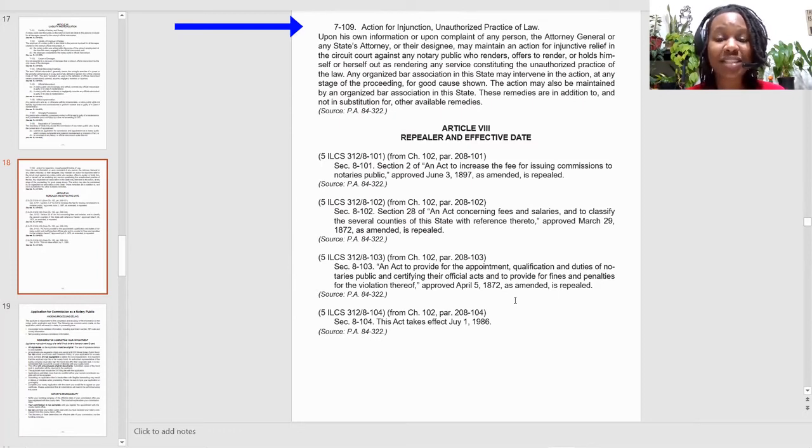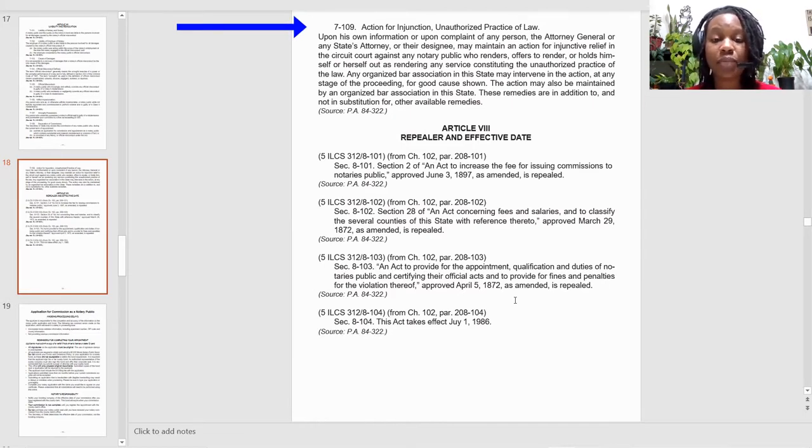7-109, action for injunction, unauthorized practice of law. Upon his own information or upon complaint of any person, the Attorney General or any state's attorney or their designee may maintain an action for injunctive relief in the circuit court against the notary public who renders, offers to render, or holds himself or herself out as rendering any service constituting the unauthorized practice of the law.